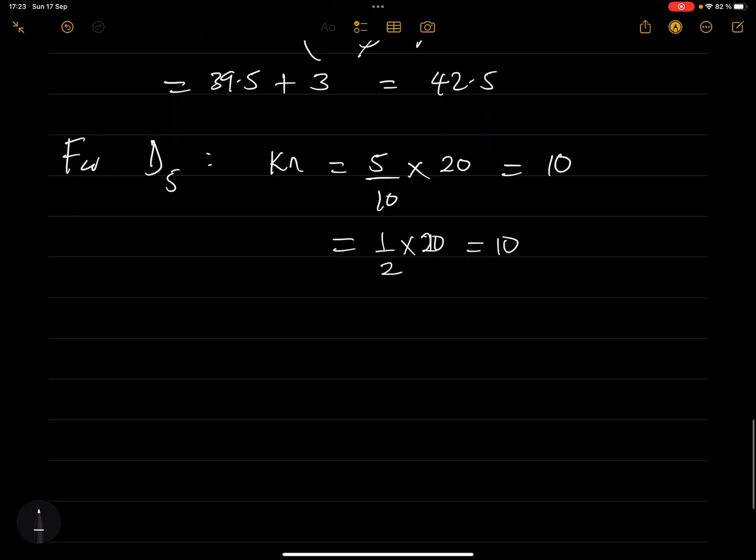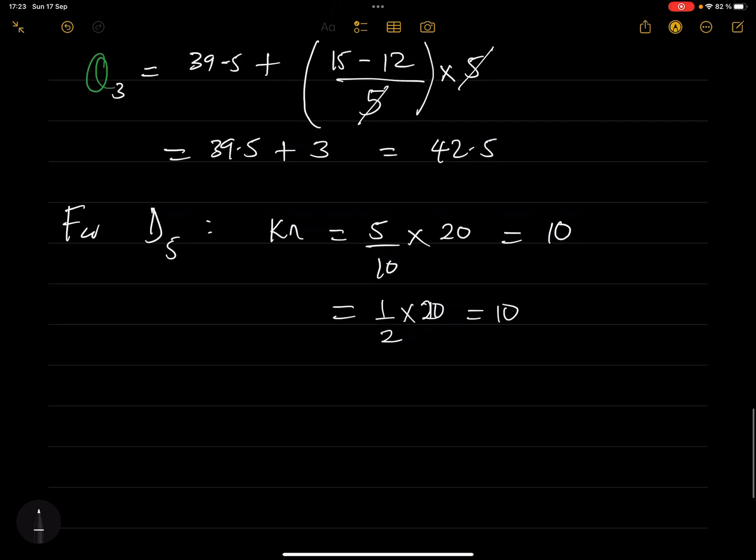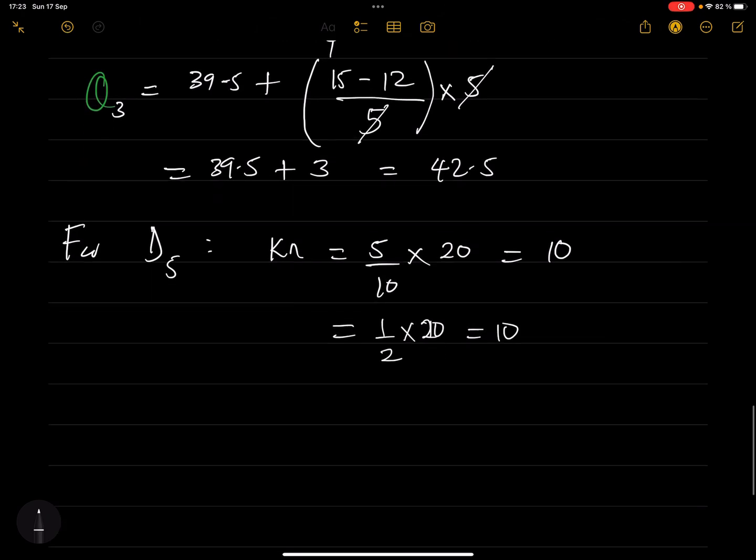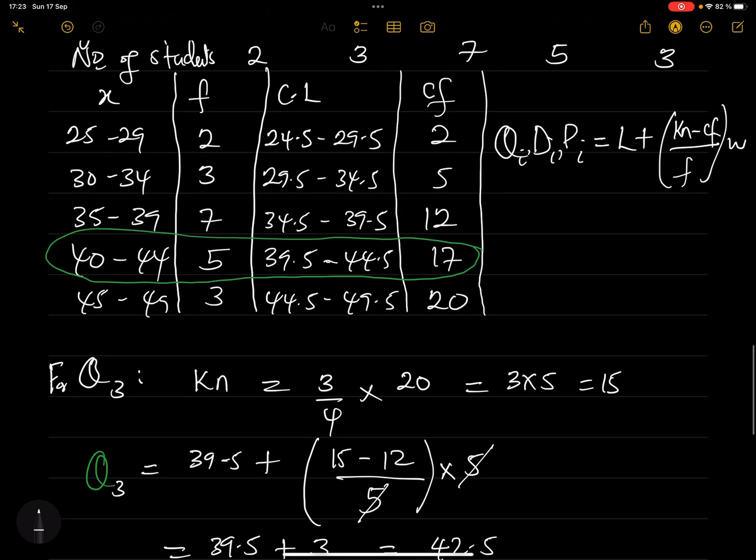Good. So now we have got the cumulative frequency of the location of interest, that is Kn, which is 10. If we now go back to our table, 10 falls in which range? It falls directly in the range before that of Q3. Let's change the color.